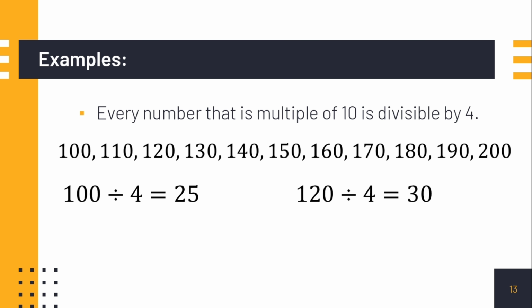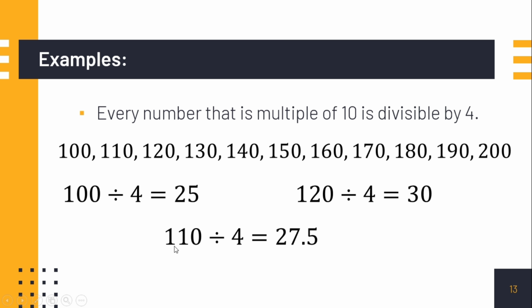So far the multiples of 10 are working. How about 110? Is 110 divisible by 4? No, because the answer is 27.5. We can consider a number divisible by 4 if there is no decimal in the answer.